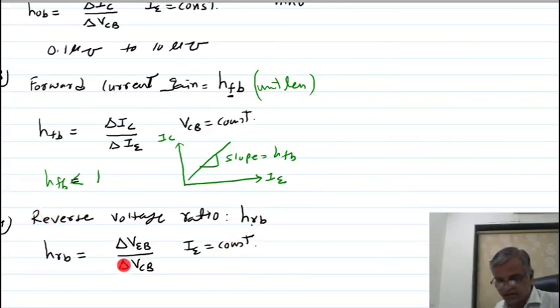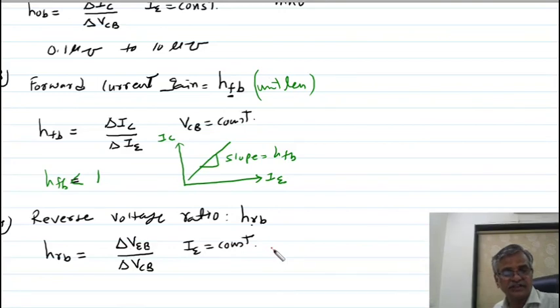HRB is the ratio of change in input emitter base voltage VEB to the corresponding change in output collector base voltage VCB at a constant input emitter current.